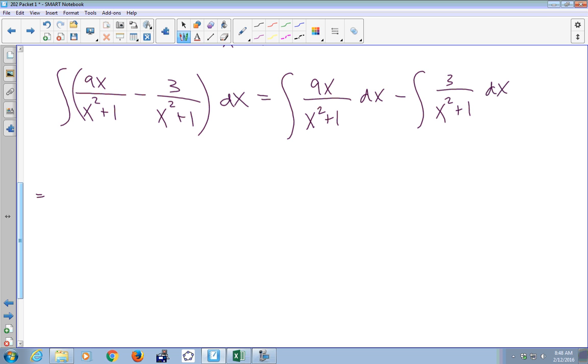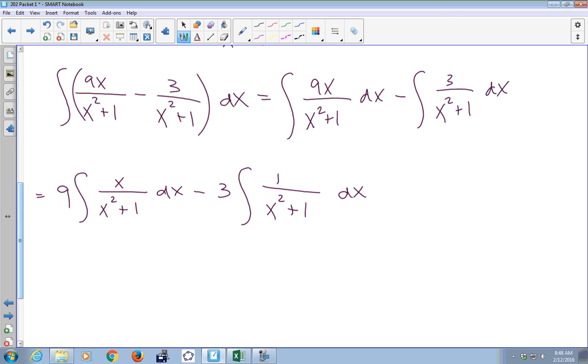So this becomes 9 times the integral of x over x squared plus 1 dx minus 3 times the integral of 1 over x squared plus 1 dx. All right, one of those is a basic antiderivative rule from your table.